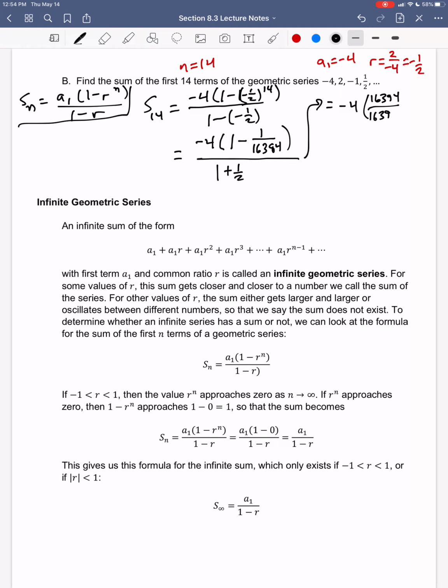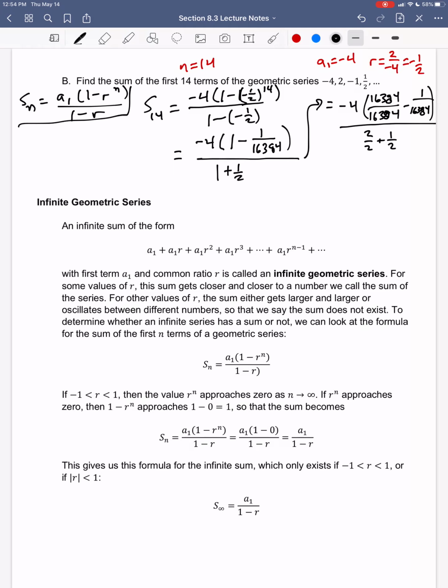A little trick here, if you've got 1, remember I can just write that as something over itself. So instead of 1 here, I wrote it as 16,384 over 16,384. Couldn't read my writing.